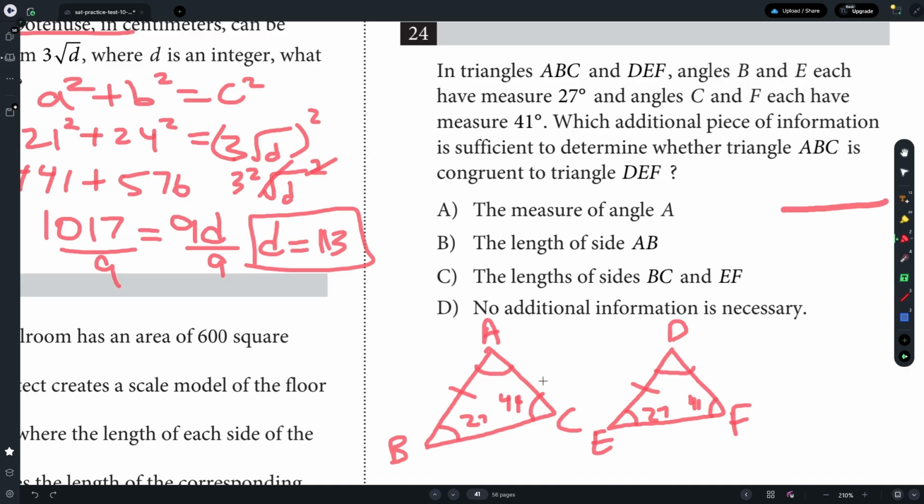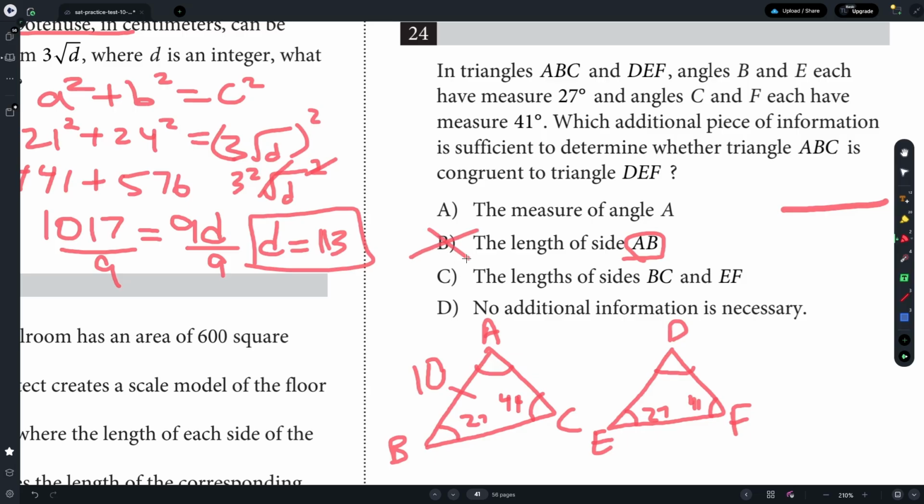Getting the length of side AB would tell you what this length is. Say it's 10. However, we do not know what the length of DE is. We can't assume that they're the same, because it doesn't say that they are equal. It doesn't say DE is also 10, right?